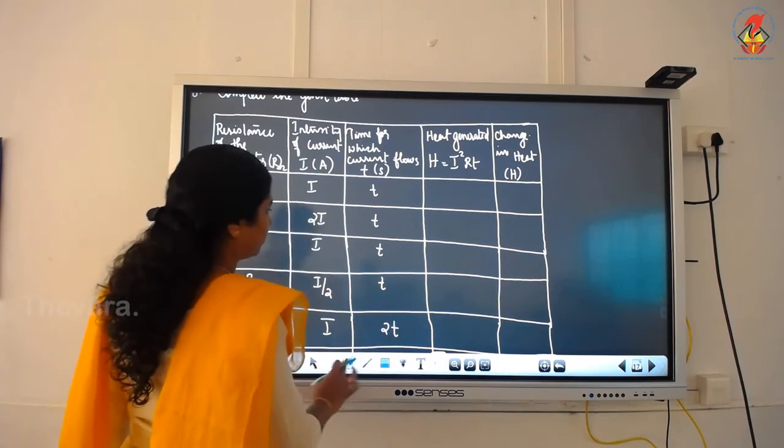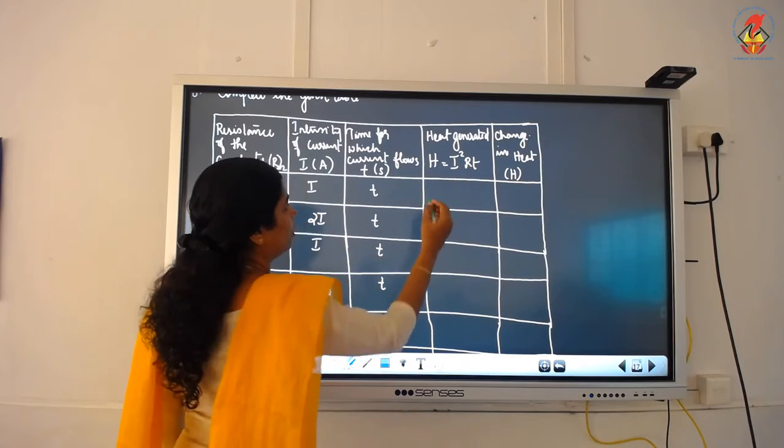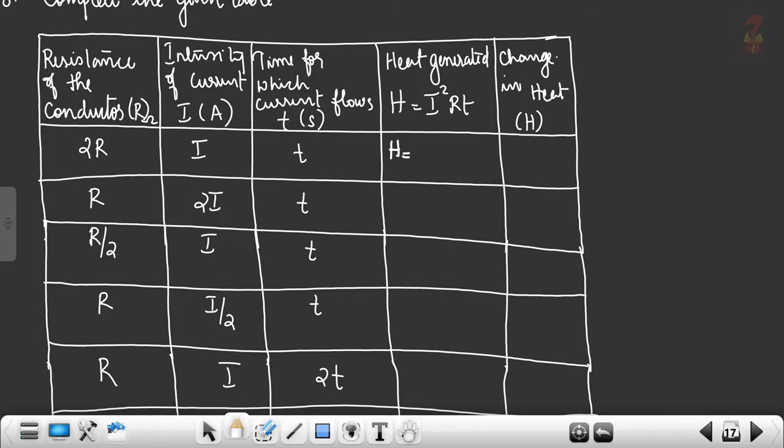So, here using the equation H is equal to I squared R T. Instead of I it's also I squared, instead of R it's 2R, the resistance is 2R, time is T. So, here 2 into I squared R T. So, what is the change in the heat energy?